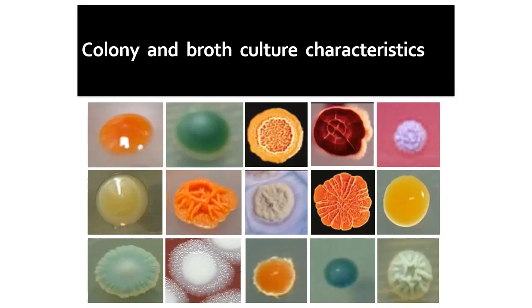If on the plates you find that this kind of colony is there, it must fall in this kind of bacterial population. Accordingly, we need to give the medications, right? So pathogens are there, how to identify them, or normal bacteria are there, how to identify them.